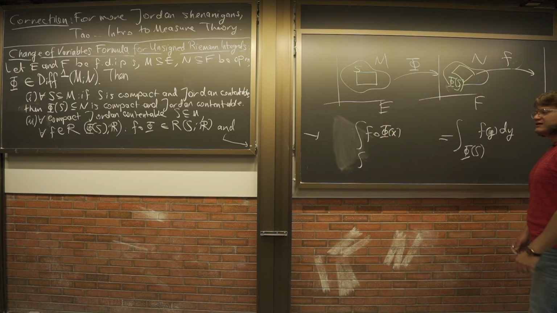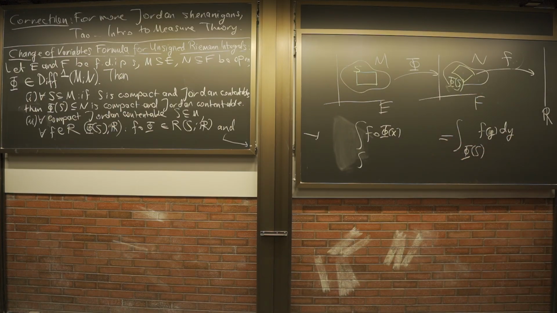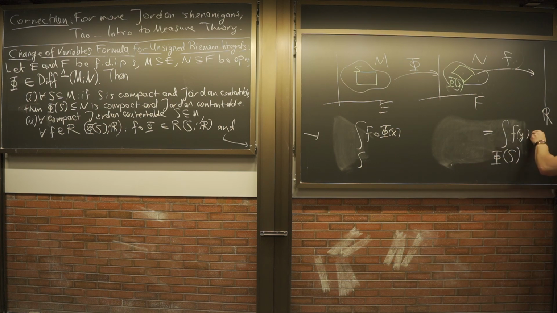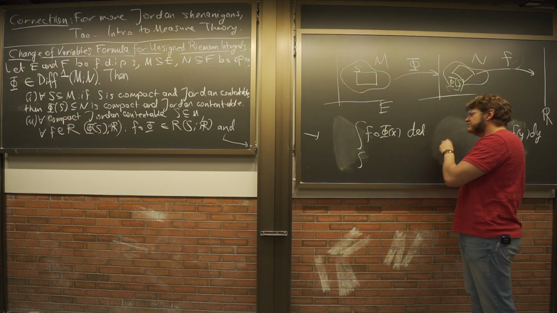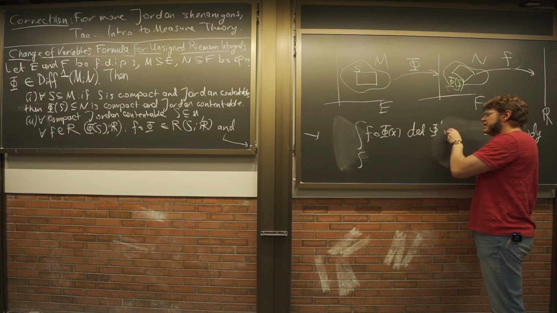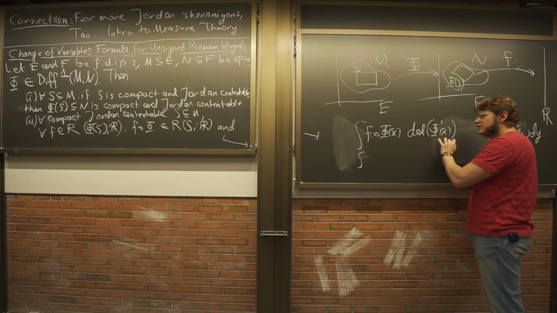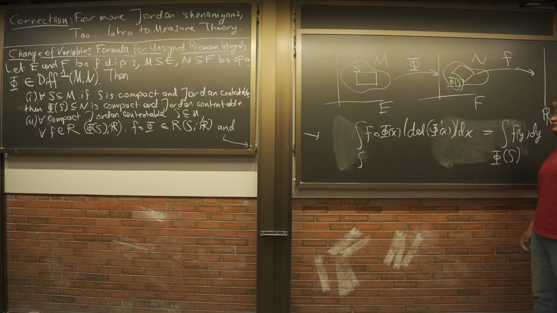F composed with phi, this is Riemann integrable. We need more space. Then I have the determinant of phi prime at x. I'm going to say a couple of words about what this means, in absolute value, dx.